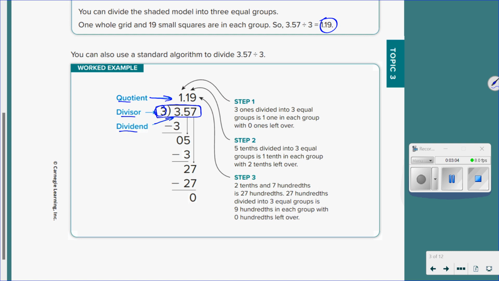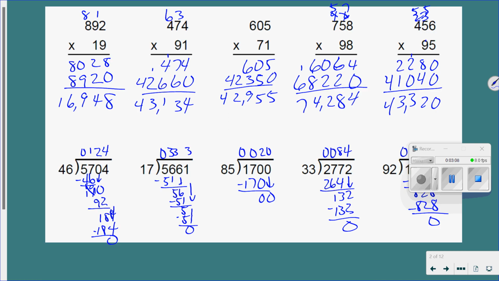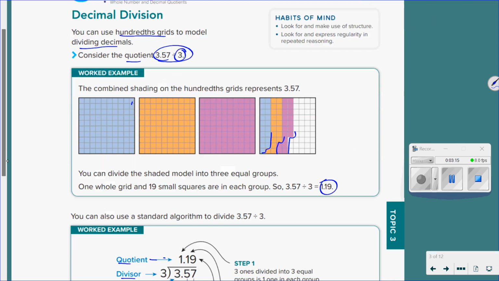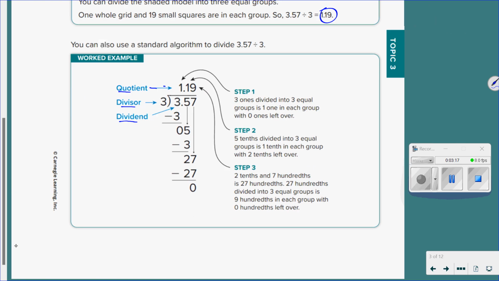So when I use the standard algorithm, my divisor goes on the outside, dividend on the inside of the house. And then I just go through place by place, and here's where your handwriting is really critical. You have to write neatly, guys, because you have to keep track of every single place value.